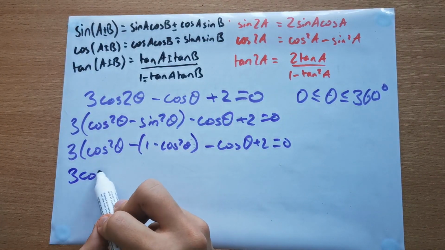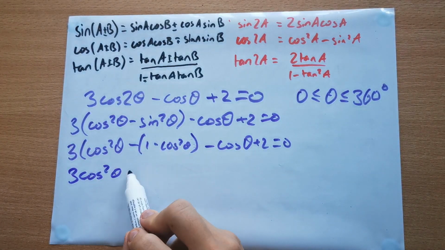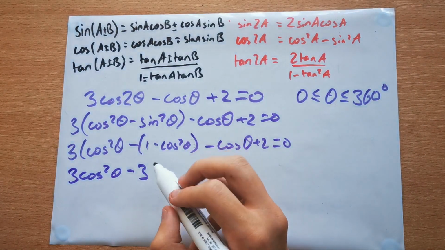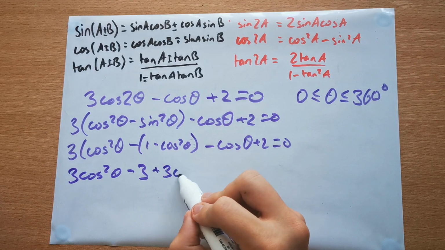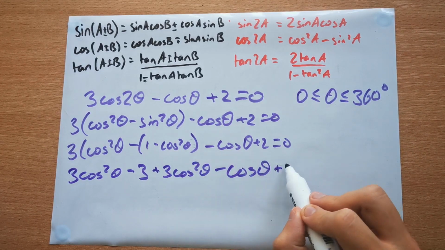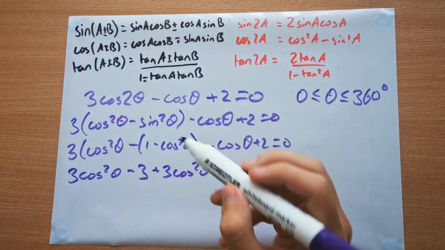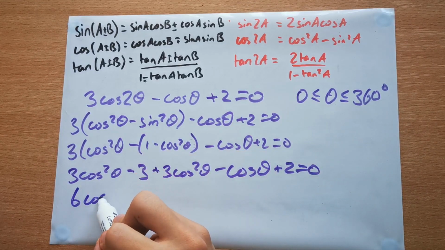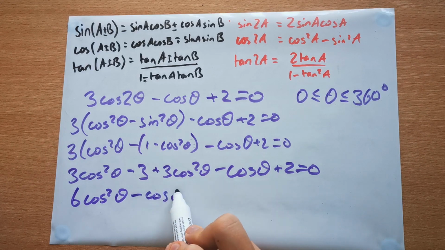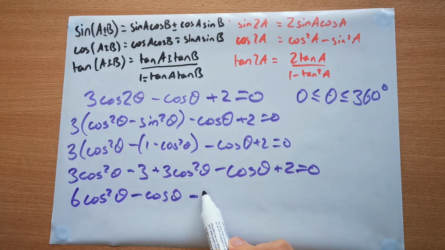We have 3 cos squared theta minus 3 plus 3 cos squared theta minus cos theta plus 2 is 0. Rearrange this: 6 cos squared theta minus cos theta minus 1 is 0. Now we can solve the quadratic.